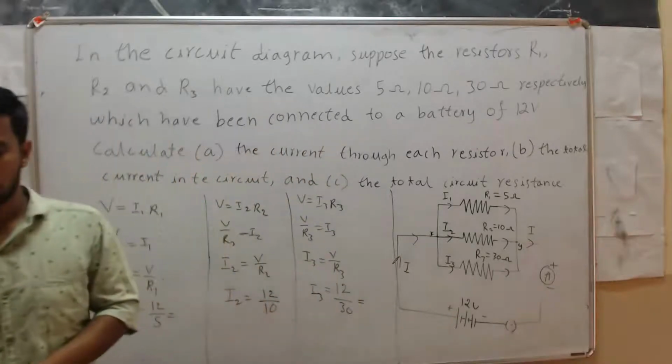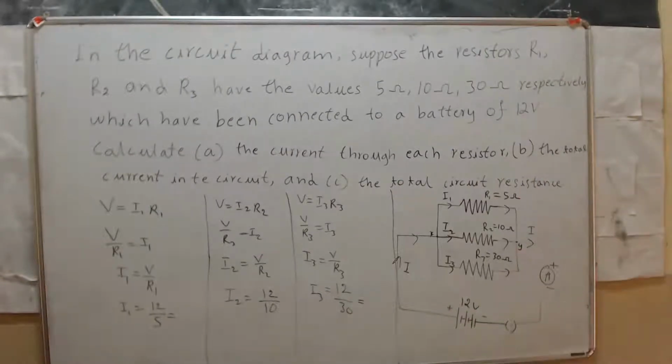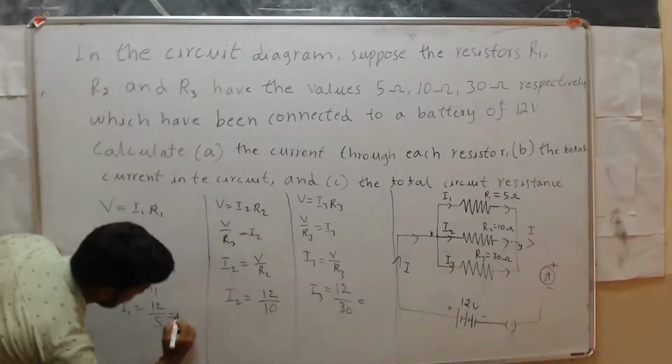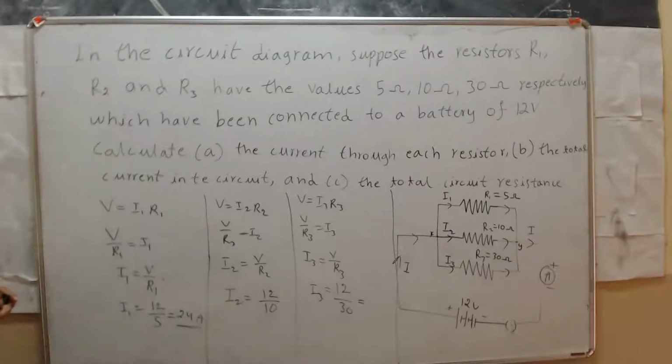Raghavendra answered: I1 is 2.4, I2 is 1.2, I3 is 0.4 ampere. So I1 is 2.4 ampere.